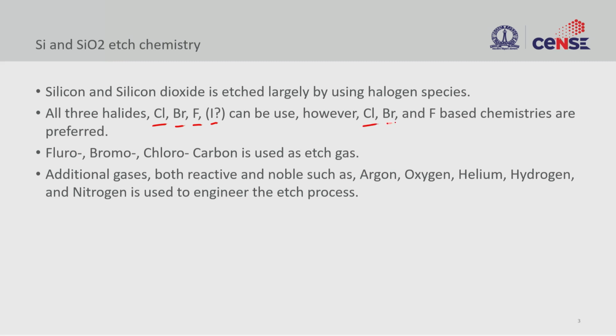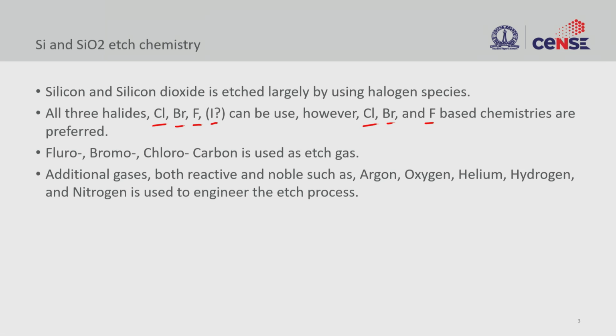So we primarily use chlorine, bromine and fluorine as gases for etching, and we use them in combination with carbon as the etch gas. You either use chlorine as a separate gas or you use CCl4. When you use CCl4, you get a larger number of chlorine atoms than with Cl2. That is the primary idea.